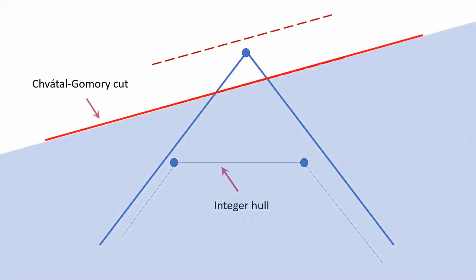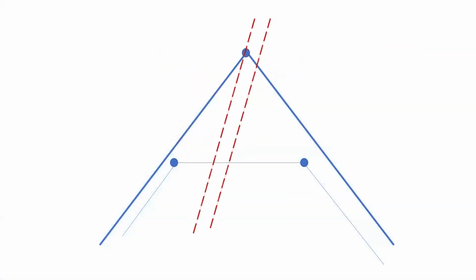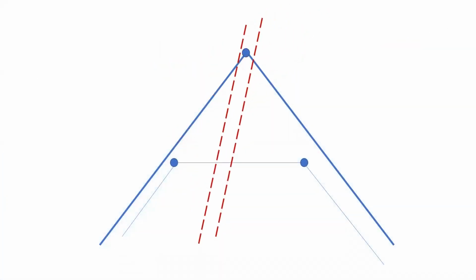Since it has been proved that a simplicial cone's closure of these cuts has polynomially many facets, we only need to study the second type of effective split cuts, which are derived by the split sets intersecting with the interior of the integer hull.